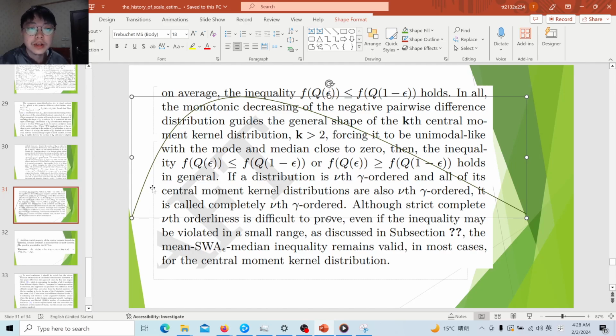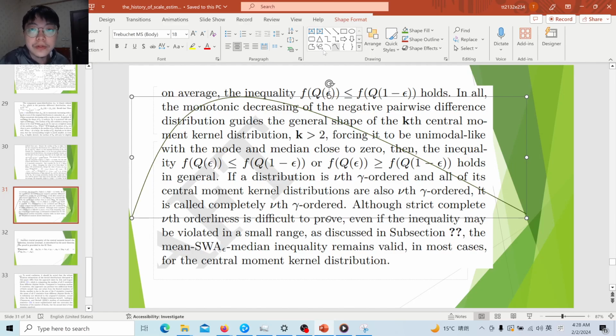And therefore, this explains why we can use a symmetric weighted average to estimate such a kernel distribution, because this unimodal structure guarantees it. For example, if it is ordered, we can use a symmetric weighted average to estimate it, and it will hold the mean, symmetric weighted average, median inequality.